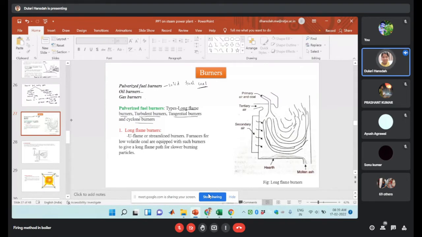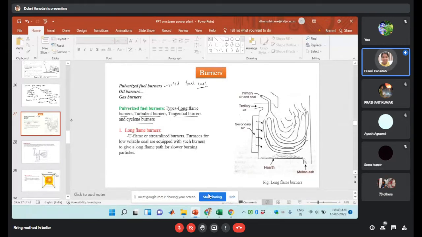So long flame burners means you will have the U-type structure. If you observe in this case, the primary air, at a particular temperature along with the fuel, is fed to the furnace, and the tertiary air is provided there. At the entry point the flame will become widened due to the availability of oxygen.